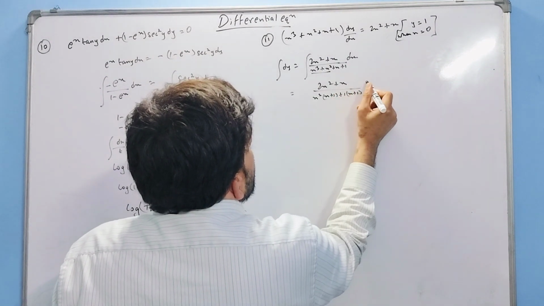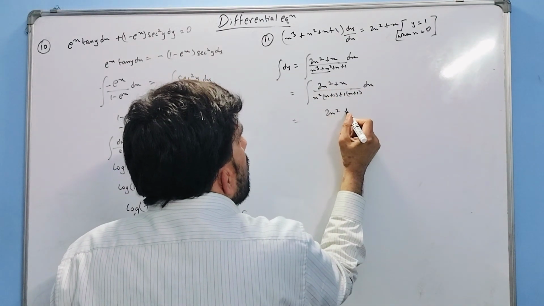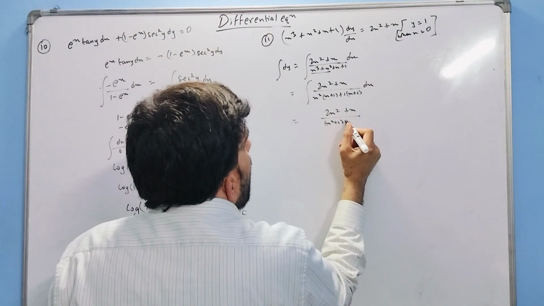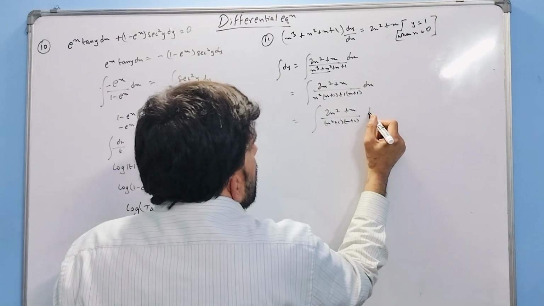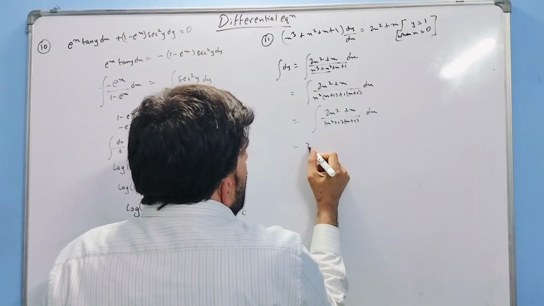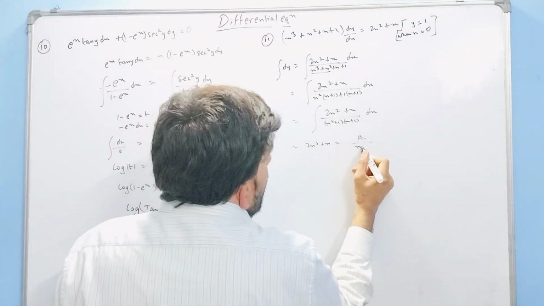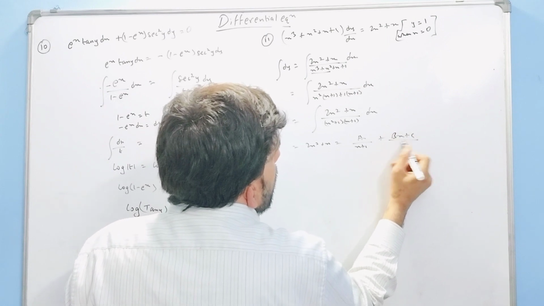So now what I get here is (2x square plus x) upon (x square plus 1)(x plus 1) dx. So now we can write 2x square plus x upon that as a upon x plus 1 plus bx plus c upon x square plus 1.